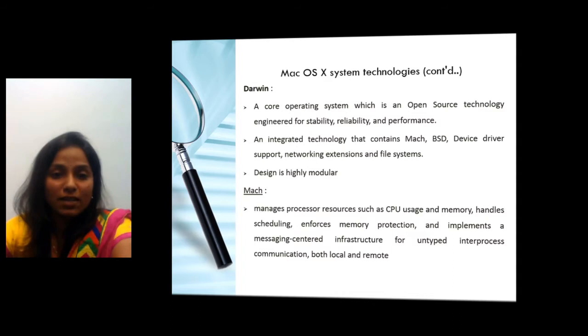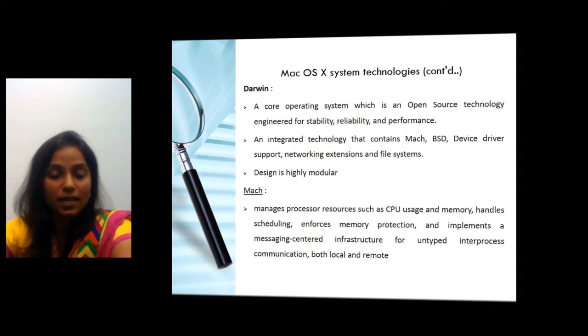Darwin is the core part of the operating system, which is completely open source and was developed based on the Unix operating system. It is an integrated technology that contains all the components such as Mach, BSD, device drivers support, networking extensions, and file systems.